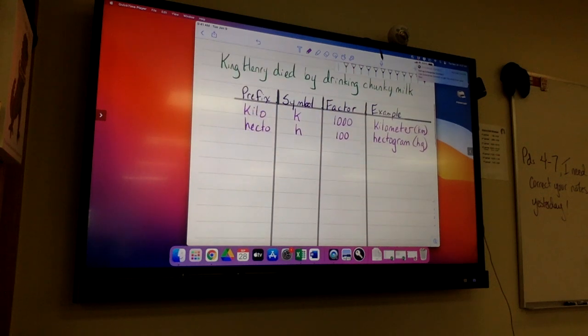Let's do died. Died stands for deca. Good. Abbreviation is lowercase d, lowercase a. The factor is what? Good, 10, like decade. What do you want the example to be?